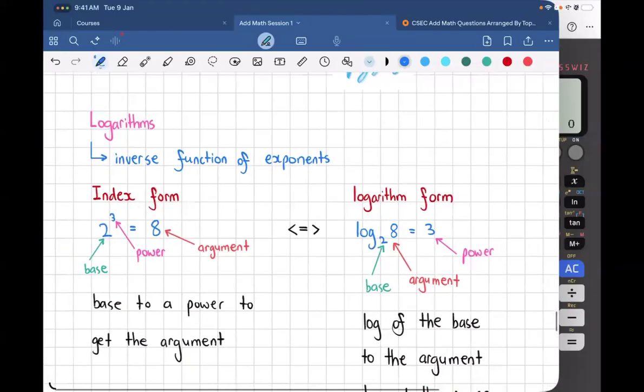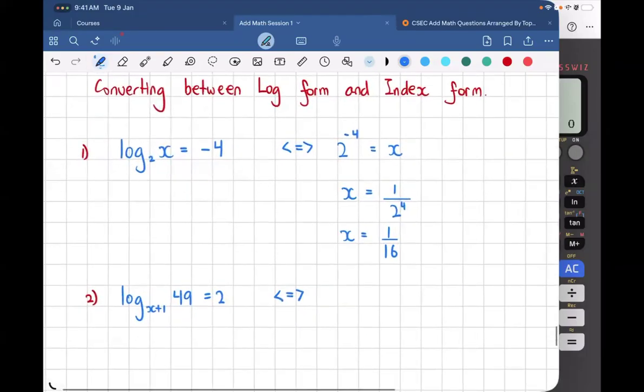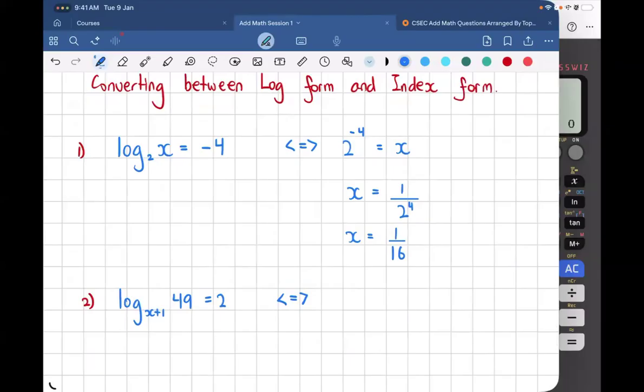This is how you go from index form to log form. So try question 2 and send me something. Shay, all you're doing is going from log form to index form. Remember, the index form is the base to the power, and that will be equal to the argument. So if anything is confusing you, tell me.